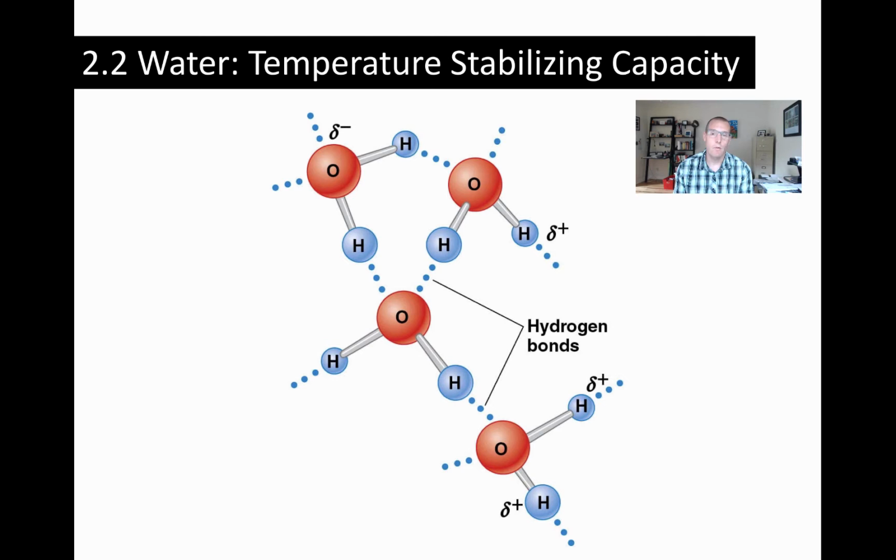We obviously have some ranges in which life can live, and water helps us keep our bodies and our ecosystems within those ranges. So what happens is when you heat a volume of water compared to a volume of liquid which doesn't have extensive hydrogen bonding, in the water the first thing that happens is the hydrogen bonds start to break and you start to get vaporization, whereas in other liquids you actually increase the temperature of the liquid.